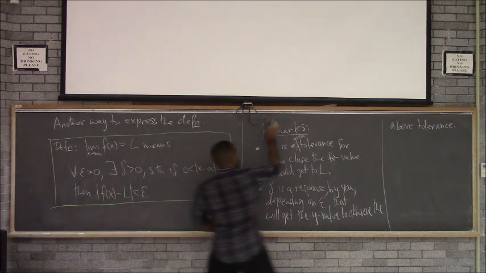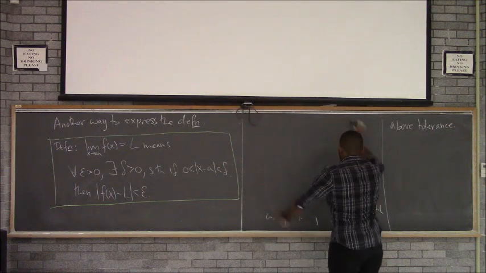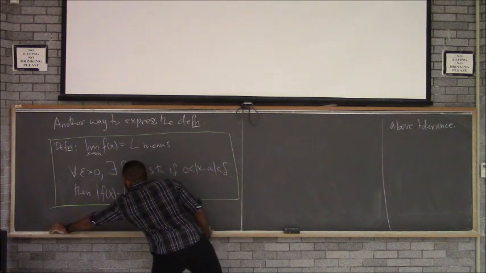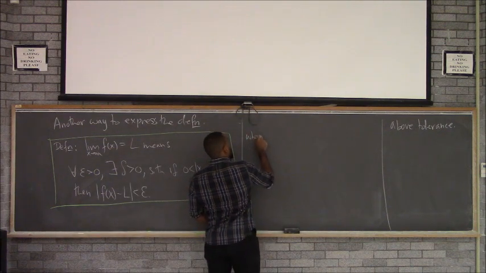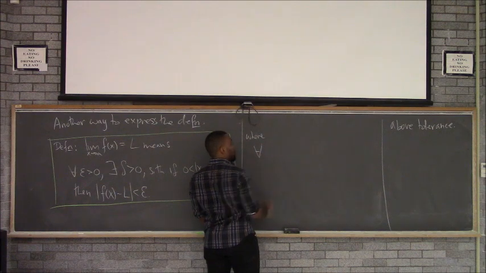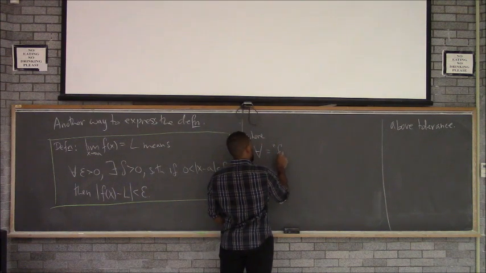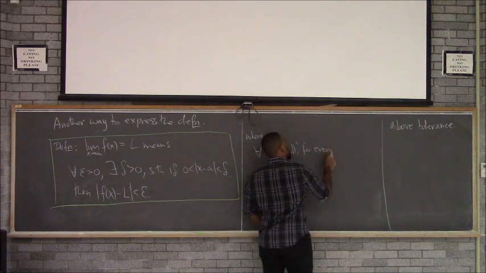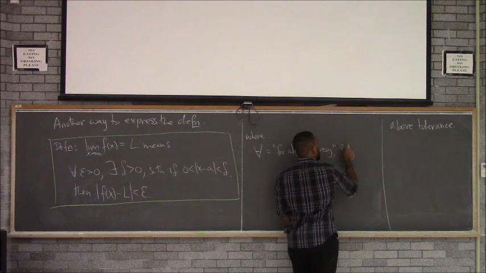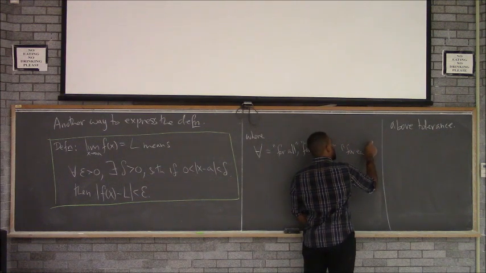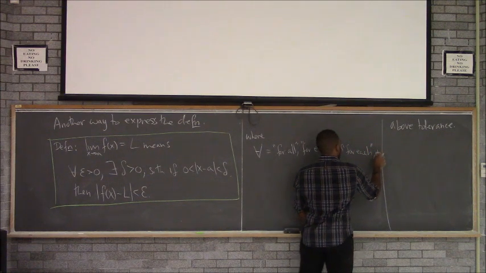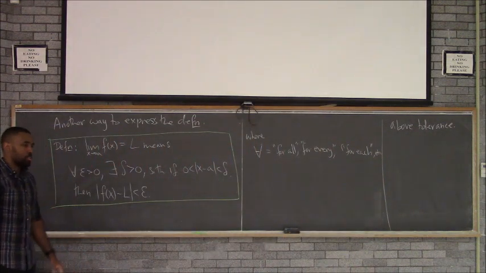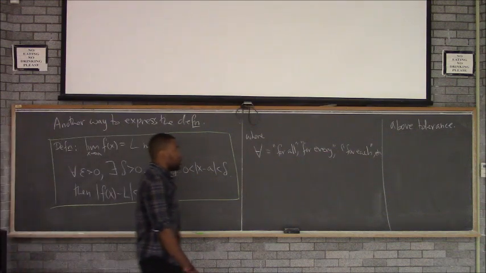Let me just introduce those symbols. This upside down A means for every, for each, etc. It's a logical symbol. If you study logic at some point, you're going to use a lot of symbols, and that's going to be one of them. It's called a universal quantifier.